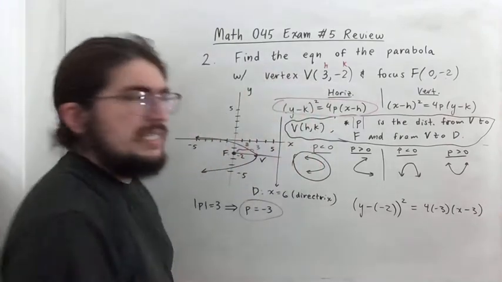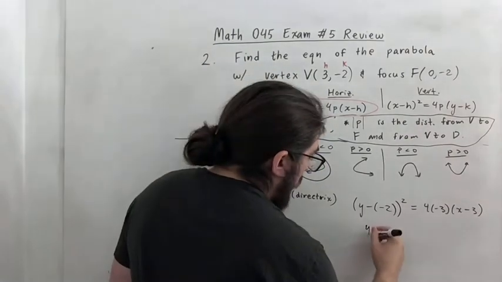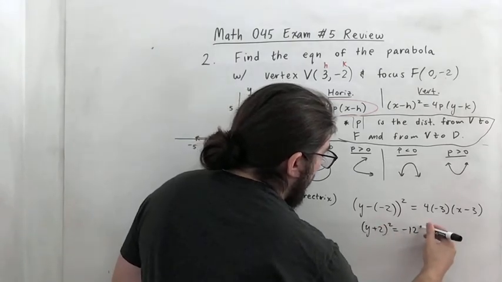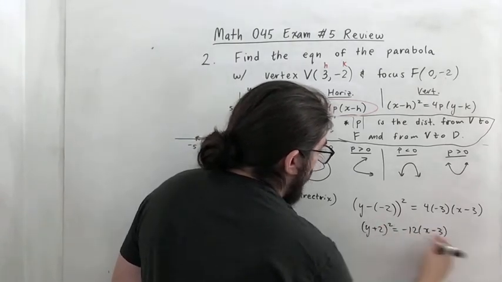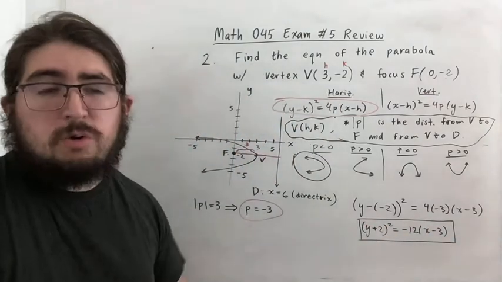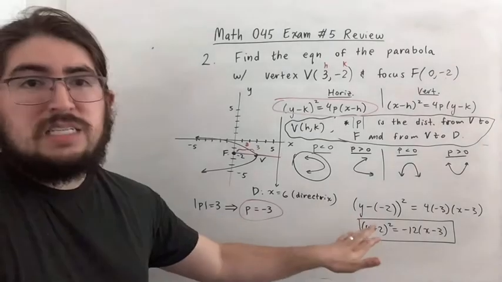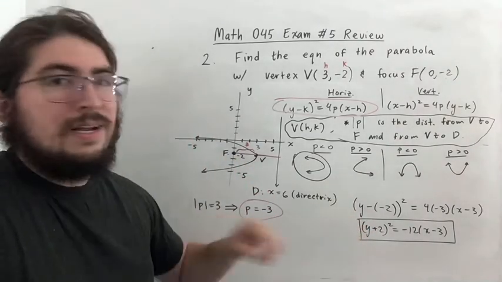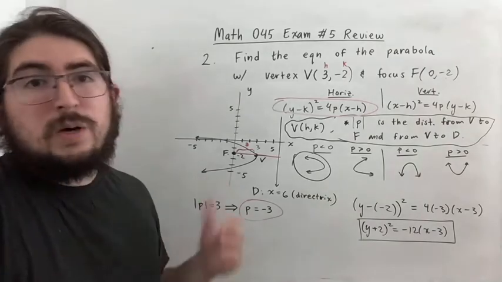Plugging those values in, simplifying a little bit, we get y plus 2 quantity squared is equal to negative 12 times x minus 3. This is really all I'm asking for. Just to simplify a bit, you don't have to go all the way into general form or anything like that. This is fine, and that concludes this problem. We found the equation, perfect, and now we can move on to question 3.